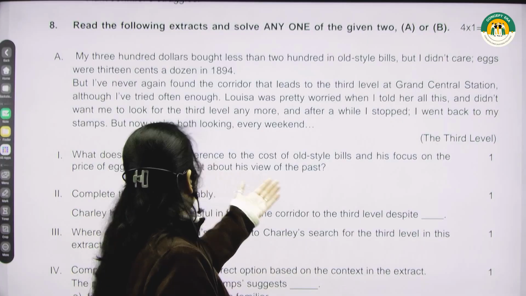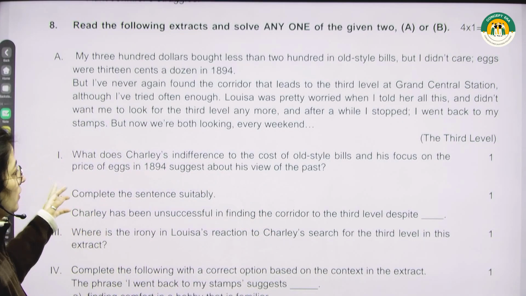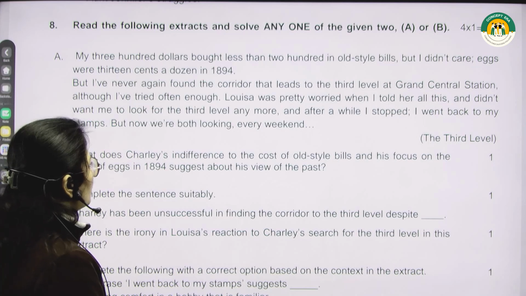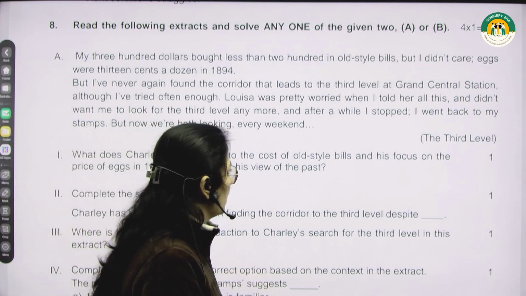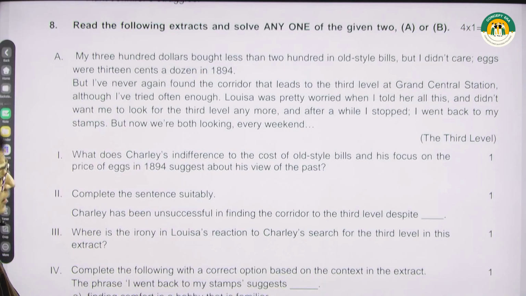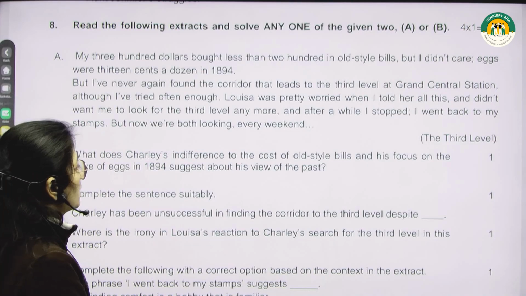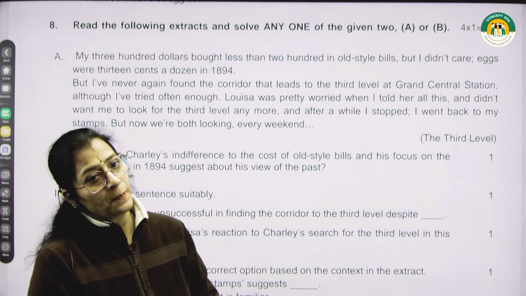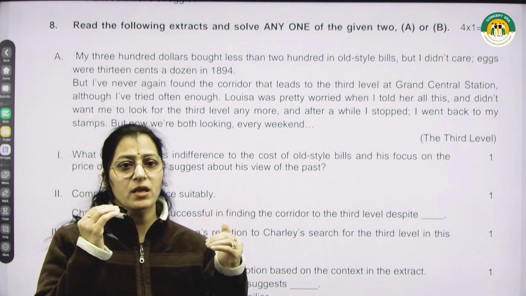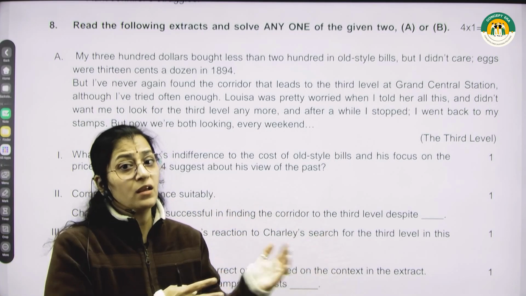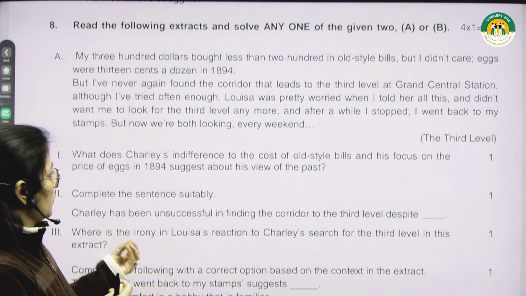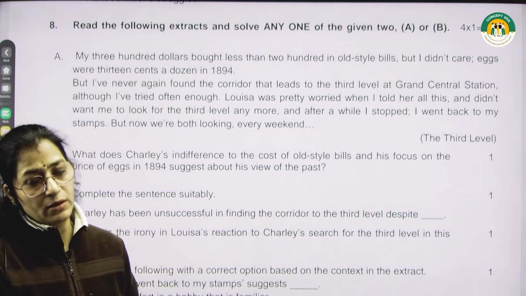So read this extract carefully and look at question number 1 given there. What does Charlie's indifference to the cost of the old style bill and his focus on the price of eggs in 1894 suggest about his view of the past? So what was he thinking while he was getting his money into the old style bill?